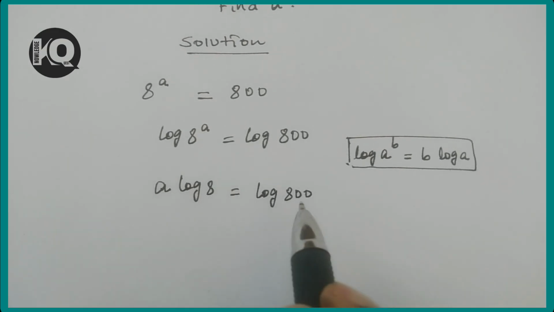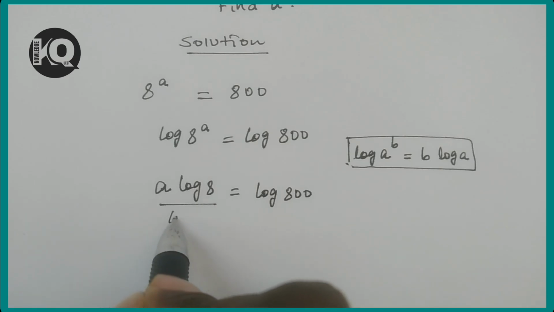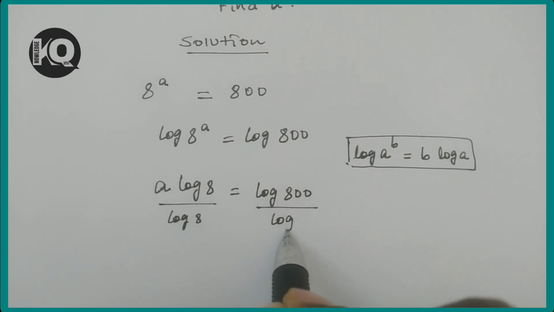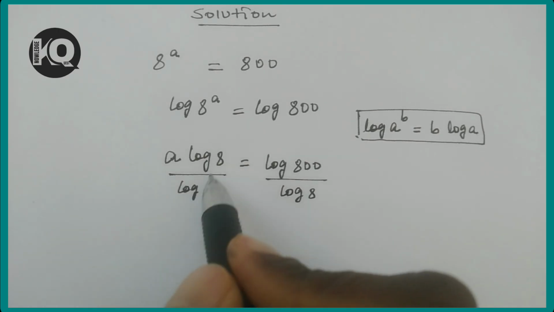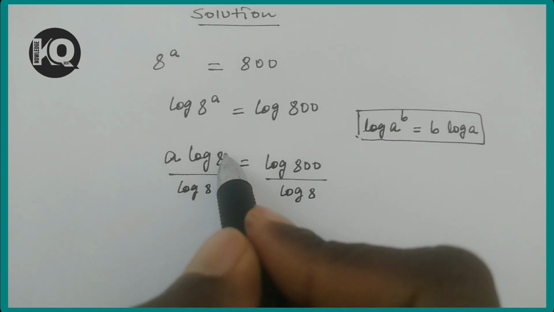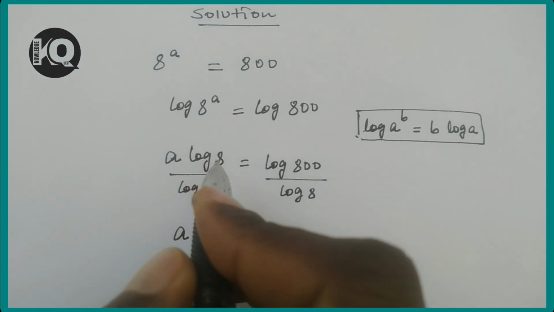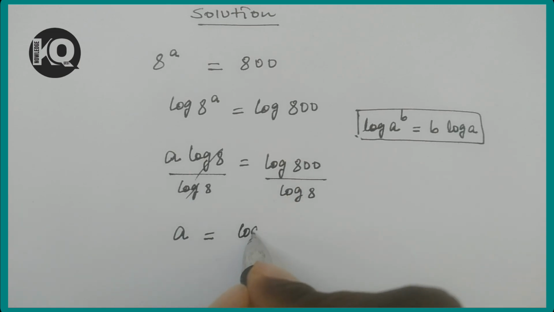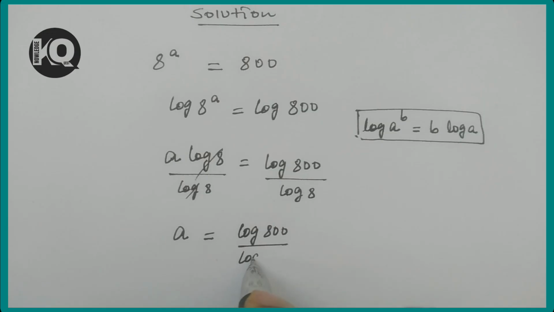Now let's divide both sides of the equation by log 8. So log 8 divided by log 8 will be 1. The remaining will be a, which is equal to log of 800 over log of 8.